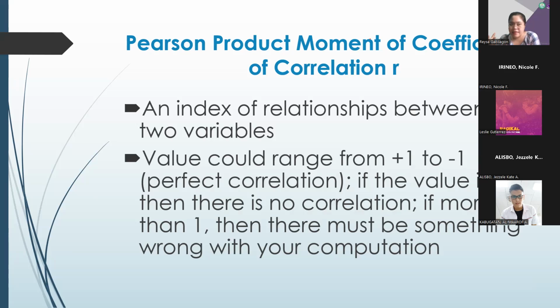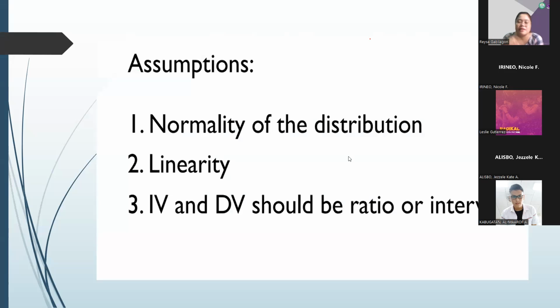But if you get a 0 for the correlation R, then walang relationship between the two variables. Now, if you get more than 1 or even lesser than -1, then there must be something wrong with your computation. So that's how you know that your answer might be incorrect. Kapag sumobra or bumaba sa +1 and -1 respectively.